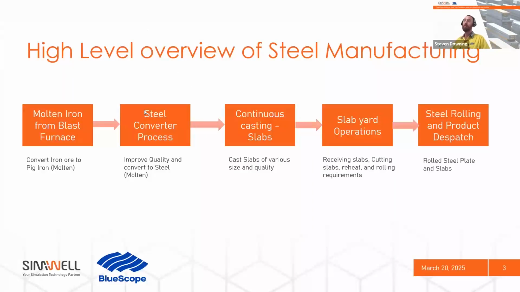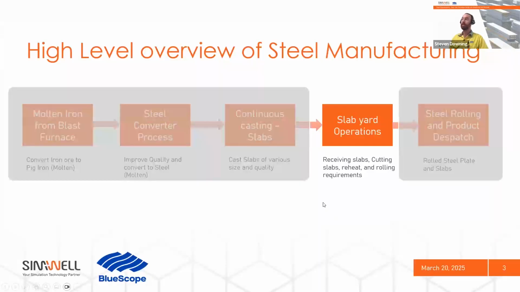So a traditional integrated steelworks, for those who aren't familiar, involves the processing of iron ore and coal through into a blast furnace, which produces the molten iron. This iron goes through another processing step to convert it into steel, which then is cast into slab.